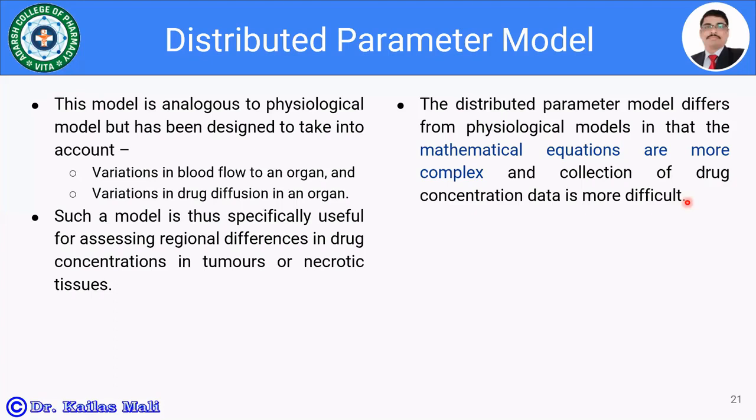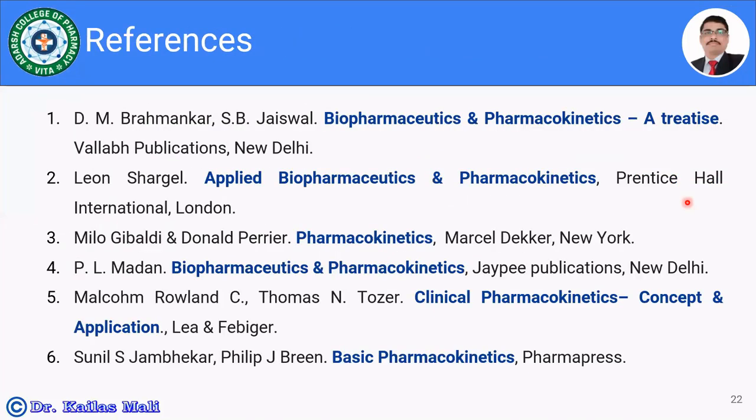So this is about the pharmacokinetic models. The non-compartmental analysis model remains, and we will cover it in the coming sessions. These are the references which I have referred to for today's presentation.